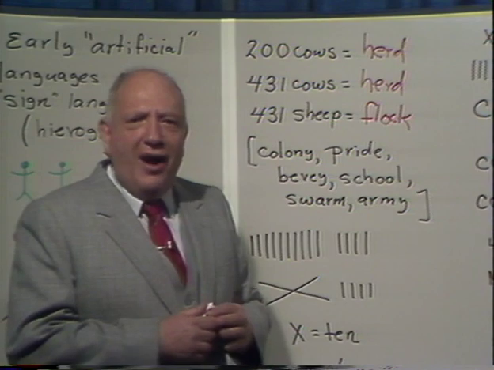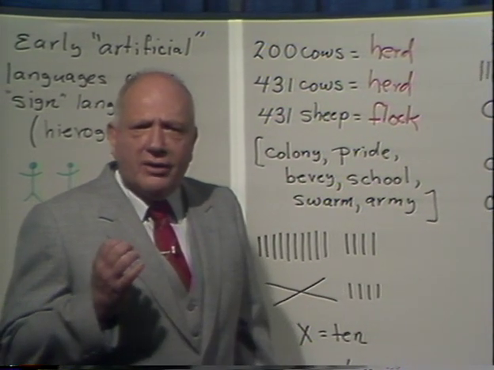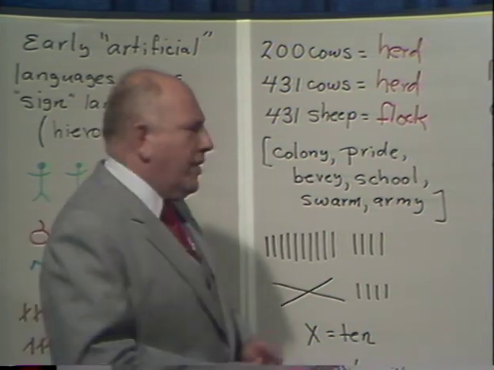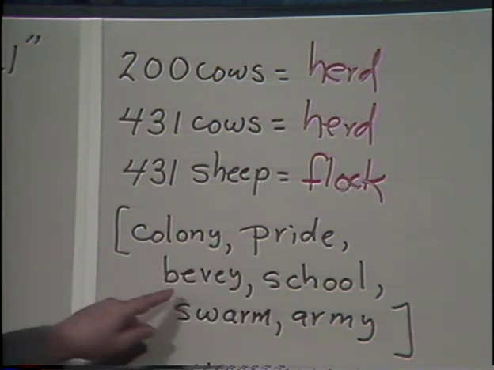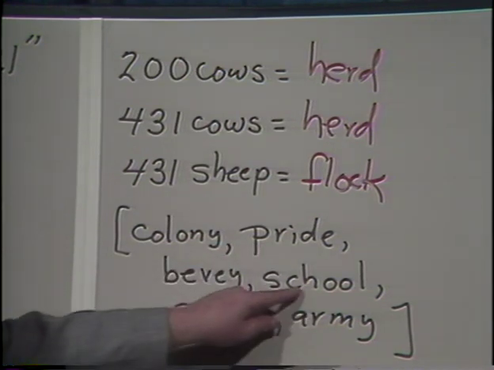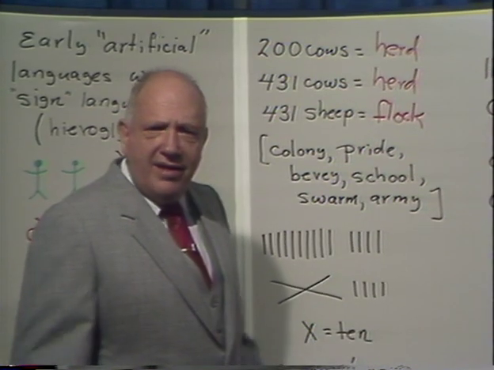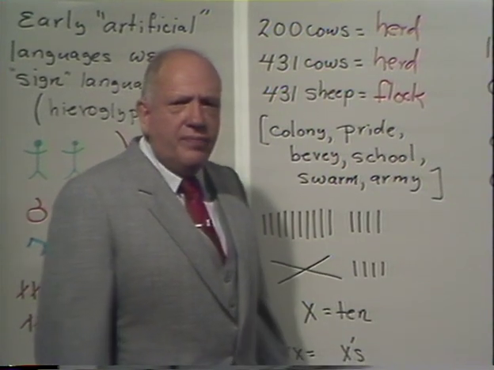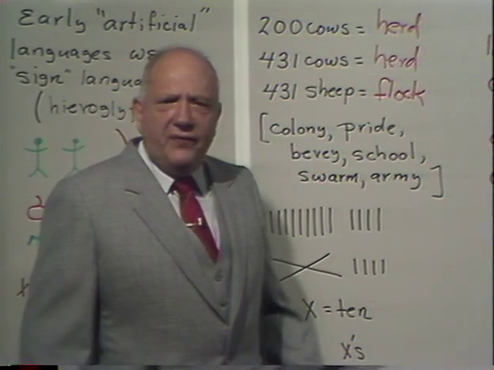Notice that when we have a lot, not only is it difficult to count, but we pick a different adjective depending on what we're counting. For example, we talk about a colony of elephants, a pride of lions, a bevy of geese, a school of fish, a swarm of bees, an army of ants. You see the kind of language that we have this way? And so what was the next innovation? People discovered that they had, in general, 10 fingers.